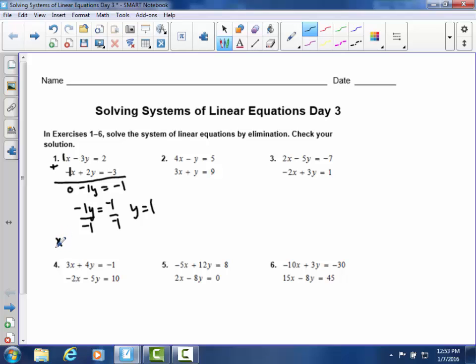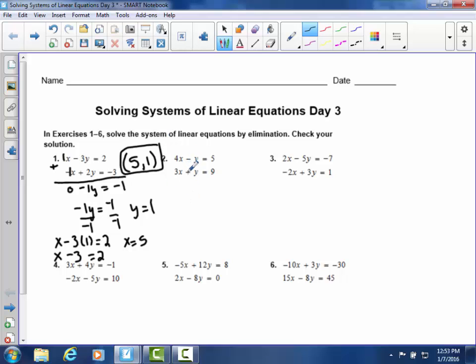So x minus 3 times 1 equals 2. x minus 3 equals 2. Right? So I add the 3 to both sides and find out that x equals 5. So my solution is the coordinate 5, 1.